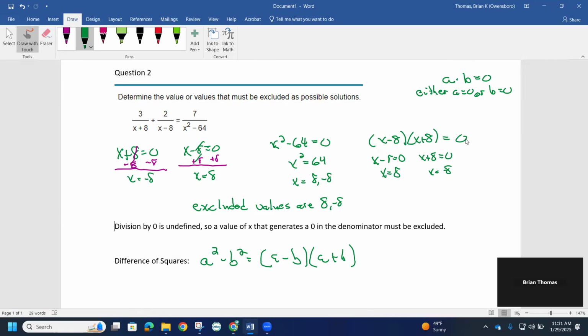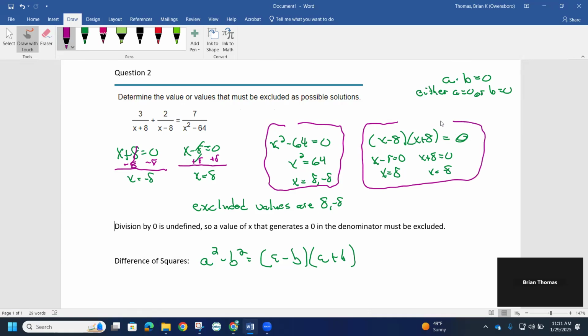So that would make the denominator 0. But we cannot make the denominator 0. So we do have to, again, exclude those values. So there's two ways to solve this x squared minus 64. I could look at it from this direction, or I can actually factor and use some critical thinking skills there, because in factoring, if one of those factors is 0, then the whole thing turns to 0.